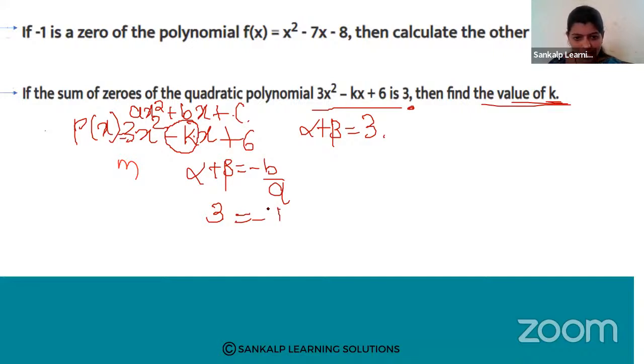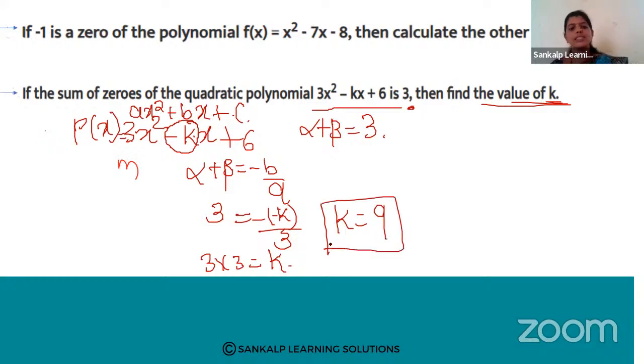So minus of minus k divided by a is 3. Transfer this 3 to this side. 3 into 3 is equal to minus into minus plus k. So k is equal to 9. This is a 1 mark question.